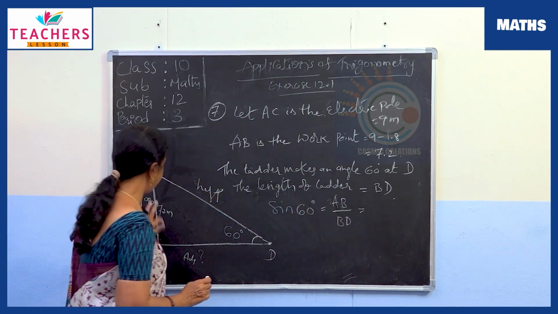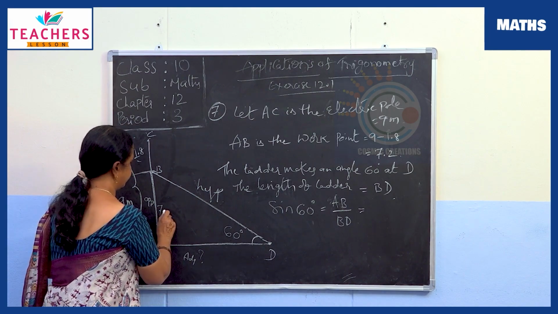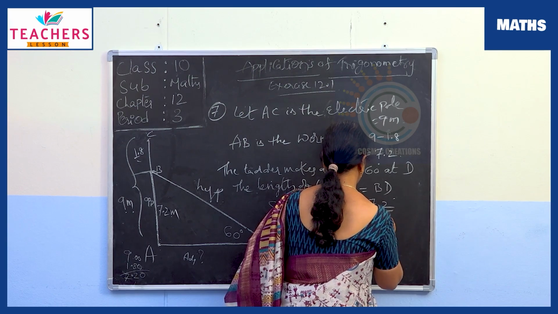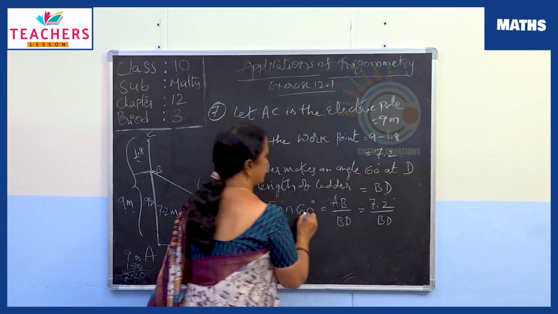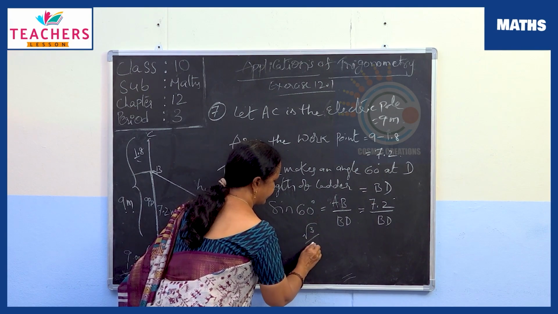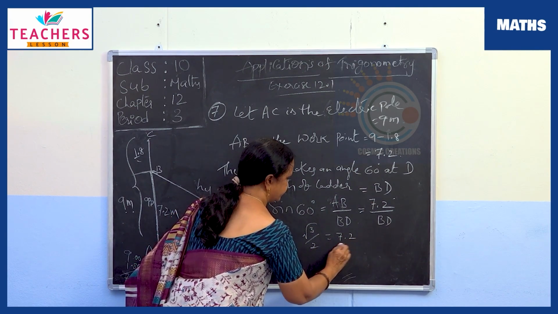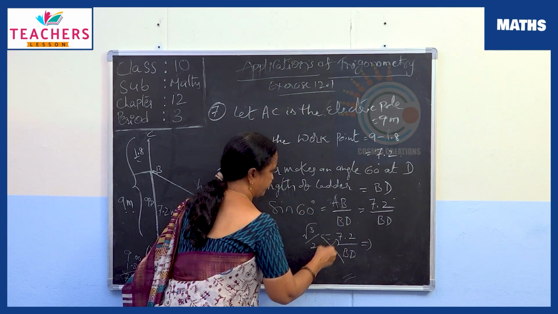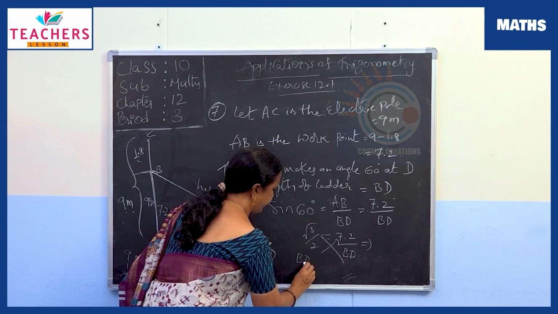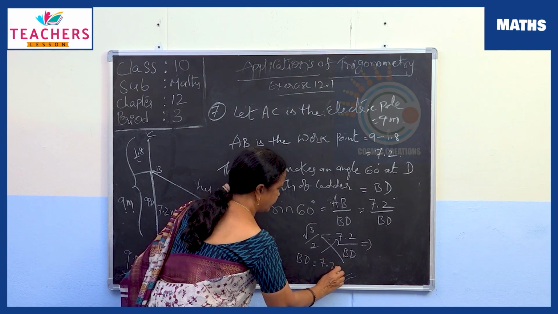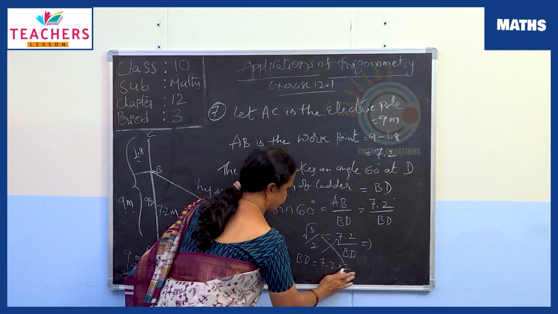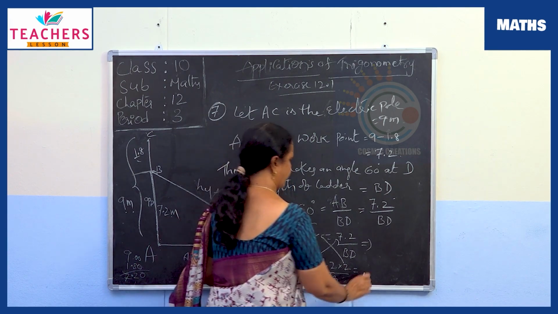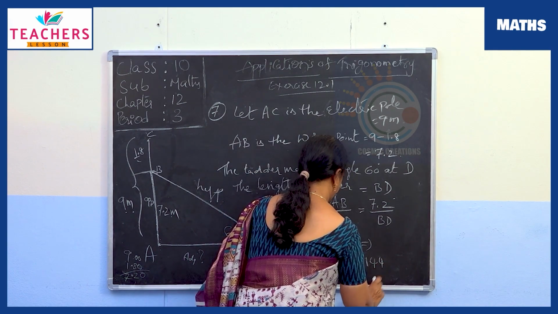AB we know is 7.2 meters. Sin 60 value is root 3 by 2, which is equal to 7.2 by BD. Now BD is equal to 7.2 into 2 by root 3, that is 14.4 by root 3.